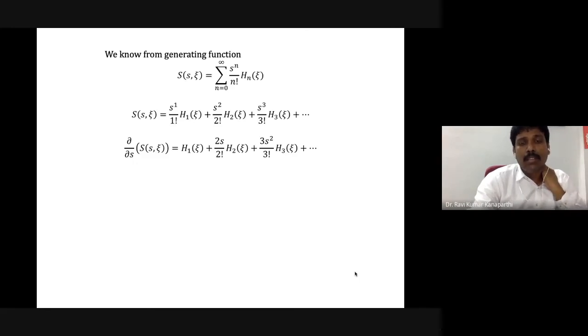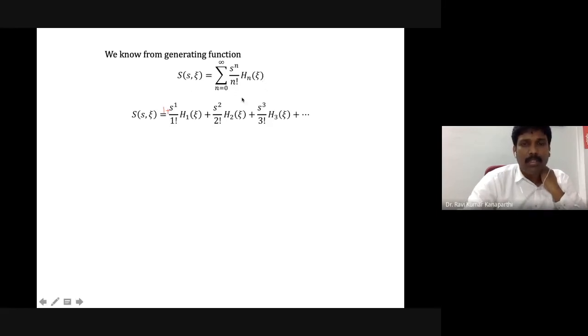I think I have missed out the constant here. Please note down that here there will be a constant. If you substitute n is equal to 0, 0 factorial becomes 1, so s to the power 0 is 1. So this is basically H0 of z, which is a constant, nothing but 1.